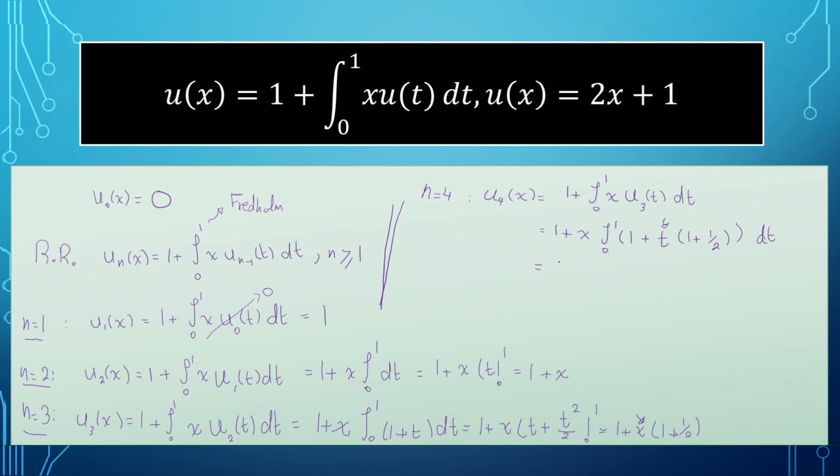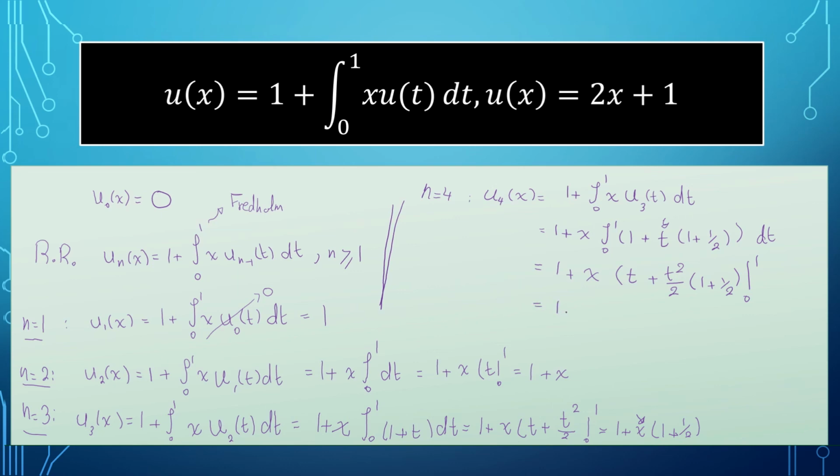And this will be equal to 1 plus x. Let's integrate. That will give us t plus t squared over 2. 1 plus half will remain the same, and that's all from 0 to 1.